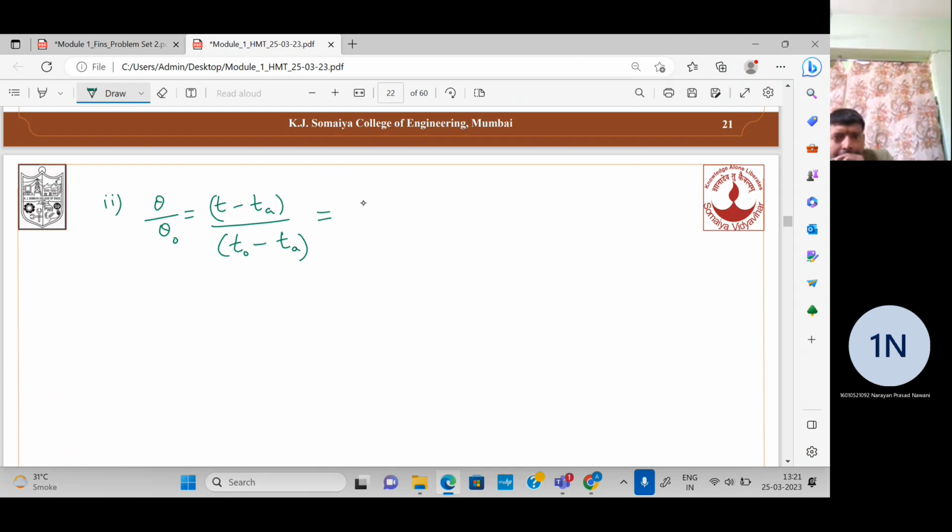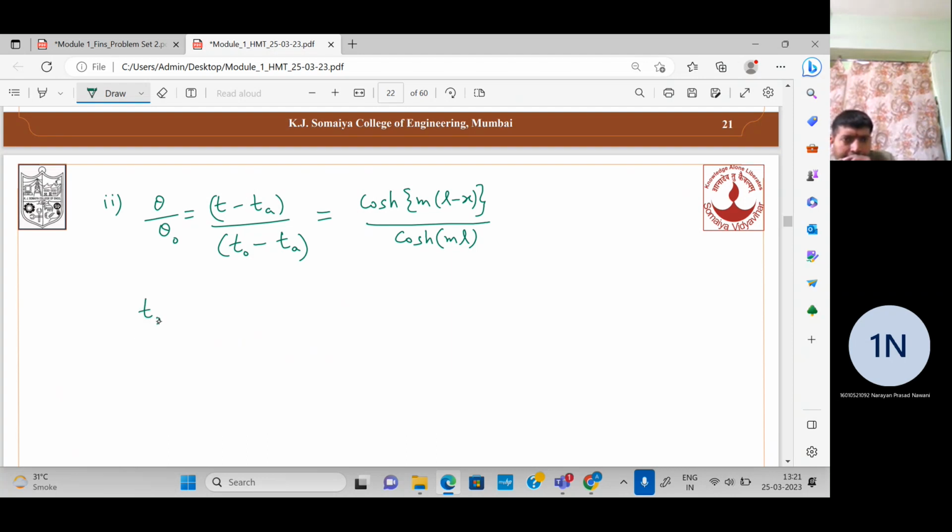It is equal to cosh m(L minus x) divided by cosh(mL). Now we have to find the temperature at the edge of the spine.